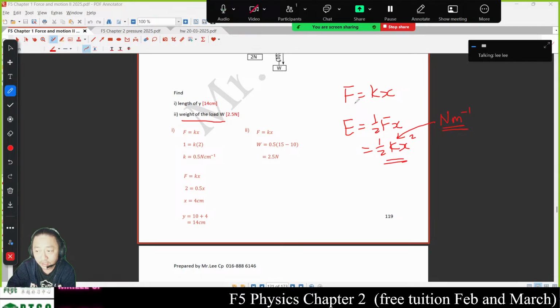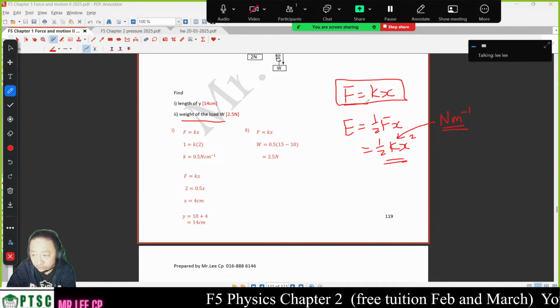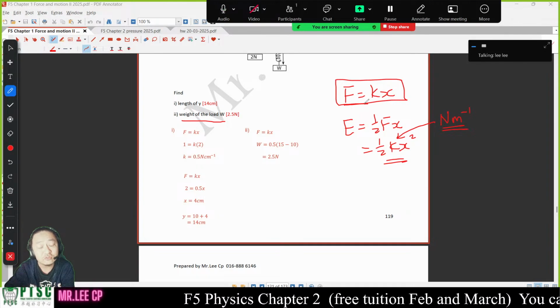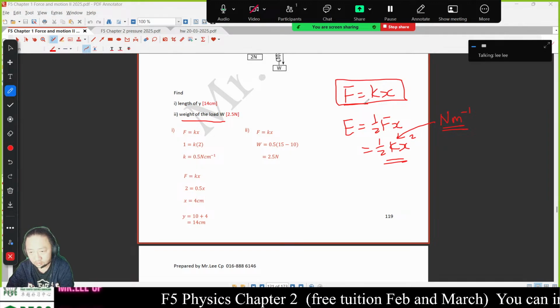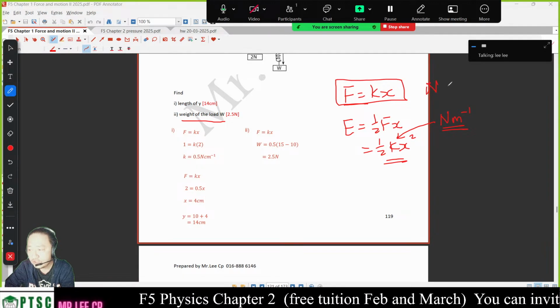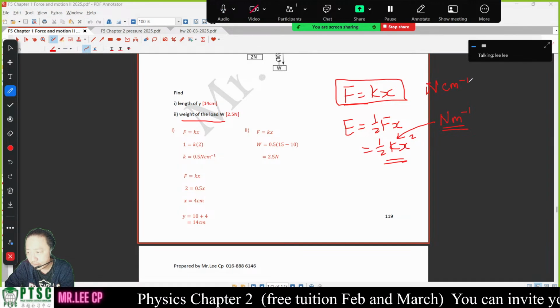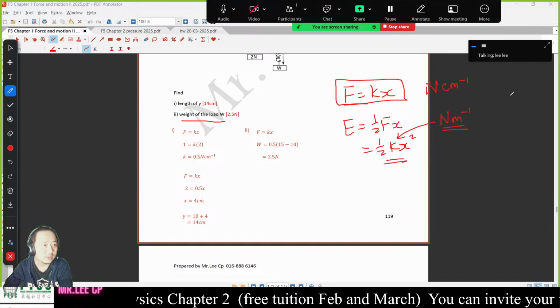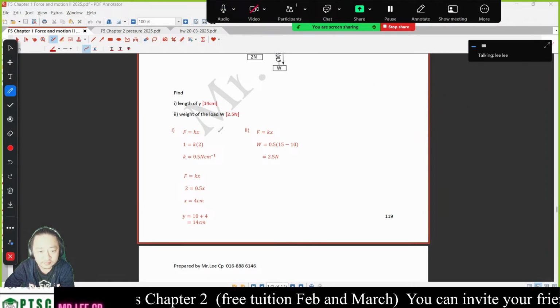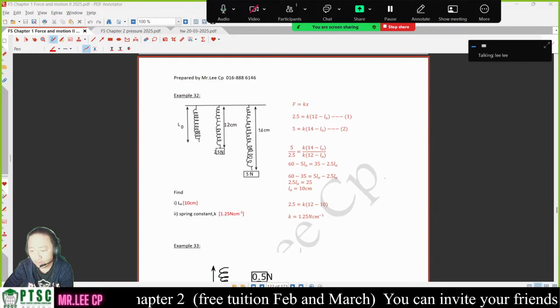If they don't ask you about the energy, you can use Newton per cm in the calculation. So make sure you know how to use it.